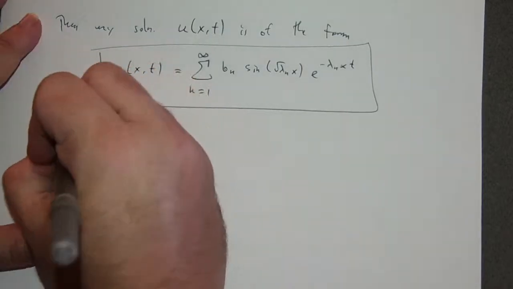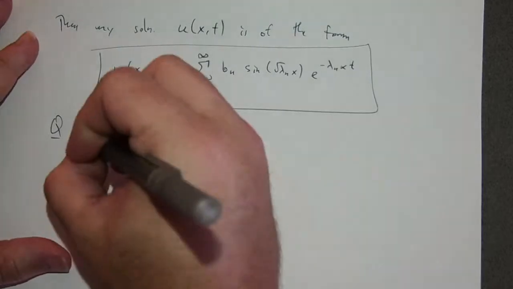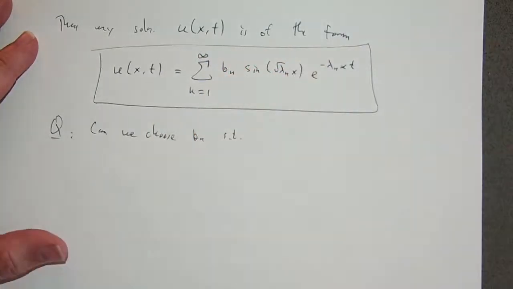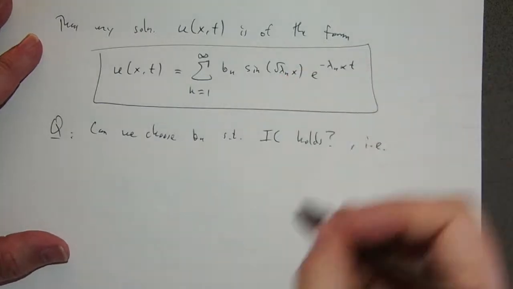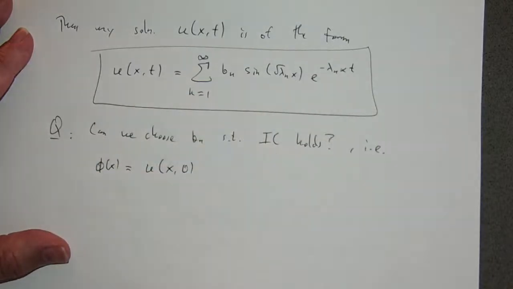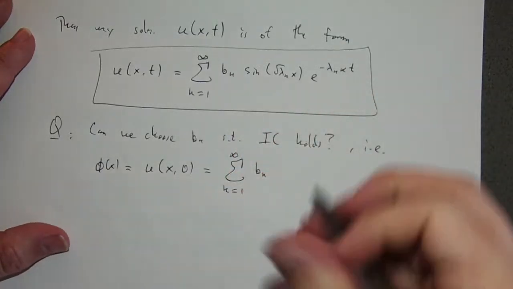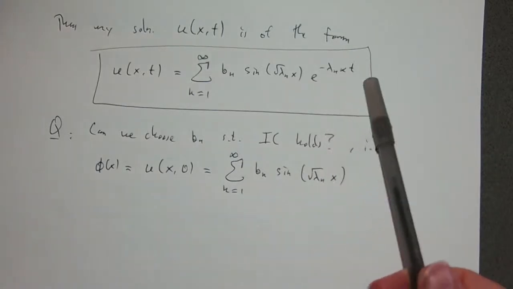So the question we always asked, and our answer was usually given pretty readily just from all of the previous Fourier series and eigenvalue problem stuff that we had done, is: can we choose b sub n such that the initial conditions hold, i.e., what we want is that u of x,0 is phi of x, which is a sum from n equals 1 to infinity of b sub n sine of square root of lambda n x, because I'm plugging in t equals 0 here.